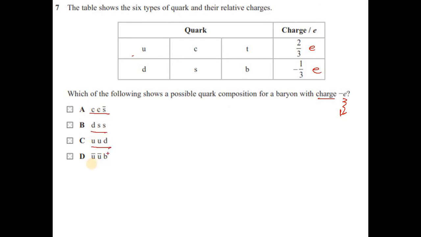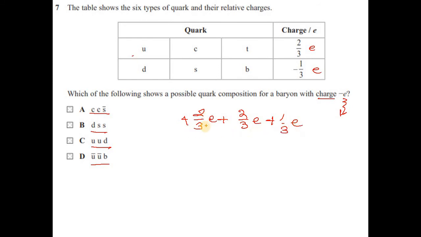Let me just give you an example, C, C and S bar. C means 2/3 of e, plus 2/3 of e, C and C, and S bar or anti-strange has plus 1/3 e.